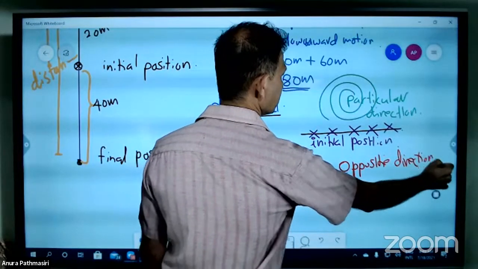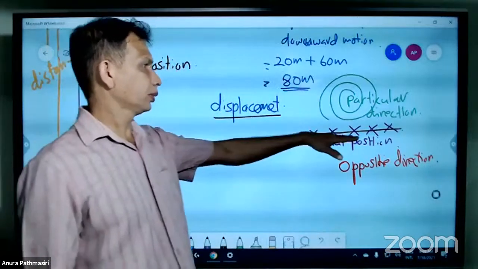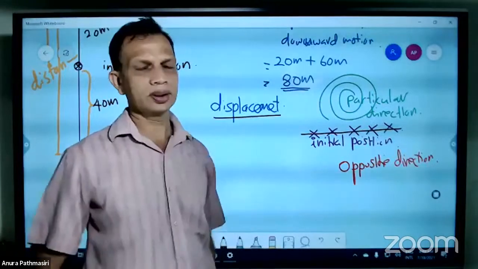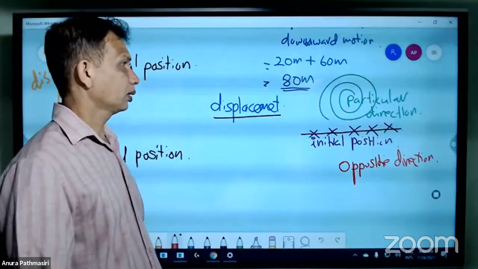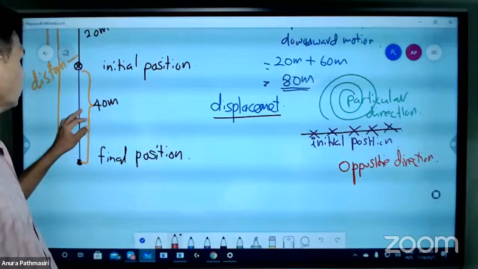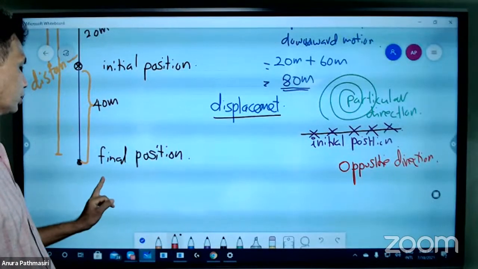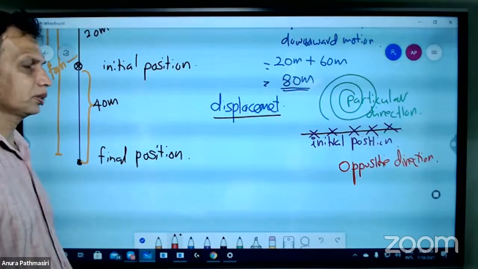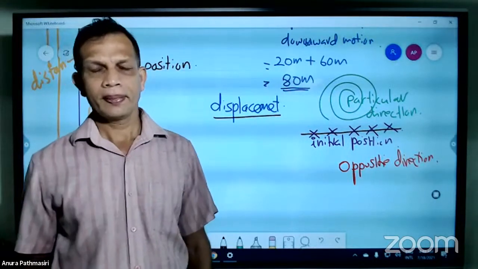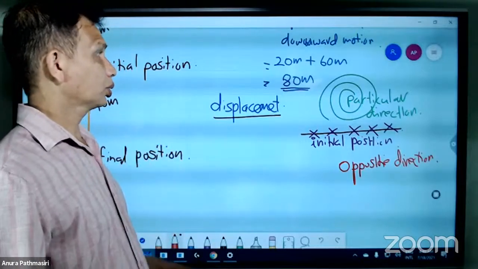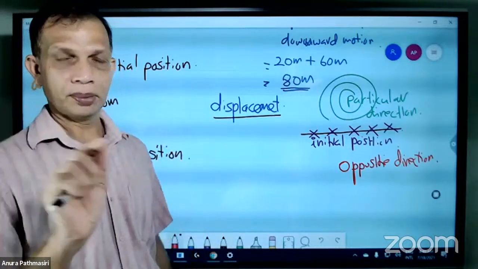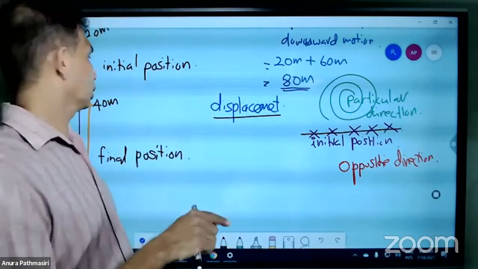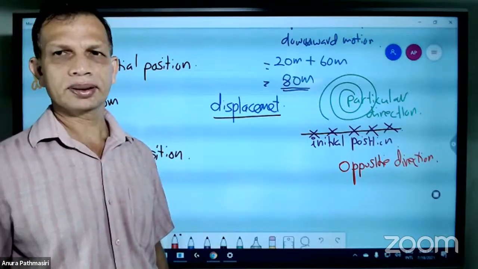Now, initial position, particular direction, opposite direction. Then I can say 40 meters to south. Or the other way, I can mention it by putting the negative mark. So negative 40 meters.